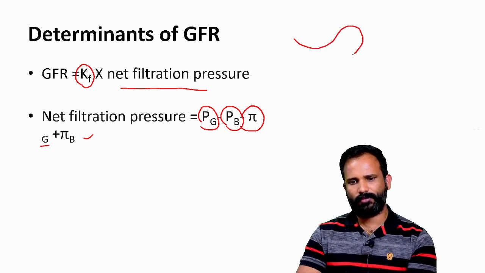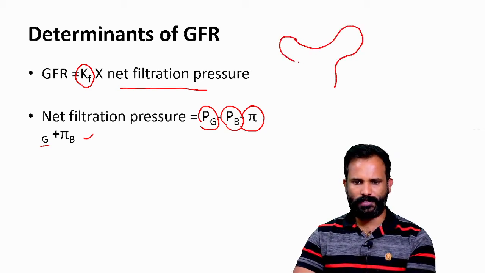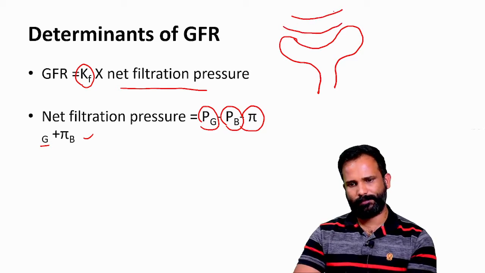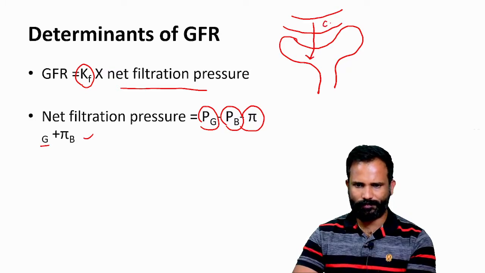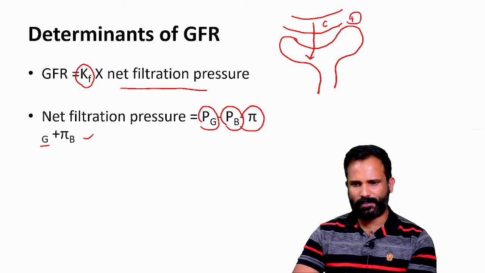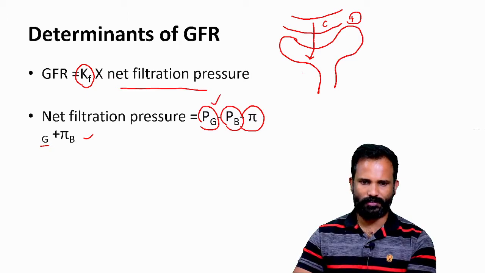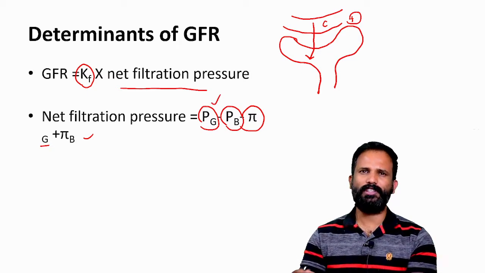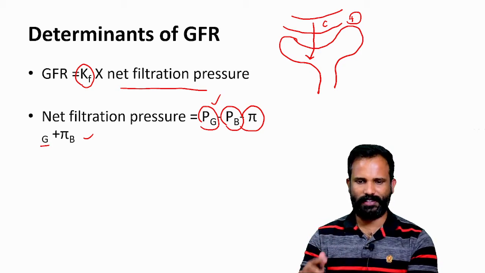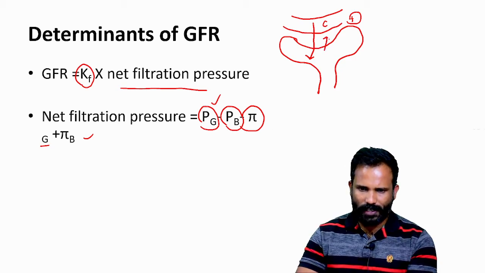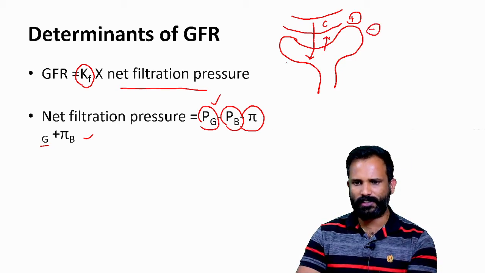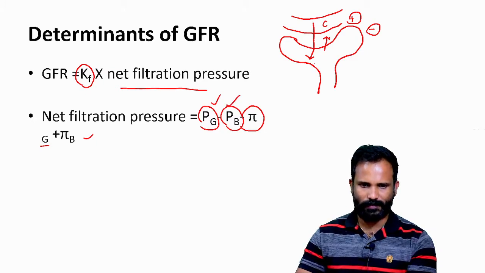So this is the Bowman's capsule and this is the capillary. Whatever the hydrostatic pressure here in the capillary is plus. So this is the hydrostatic pressure of the glomerular capillary, and it tries to push the blood out. Then the hydrostatic pressure of Bowman's capsule opposes it, so it is minus.